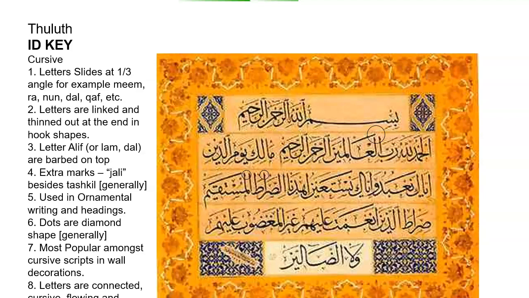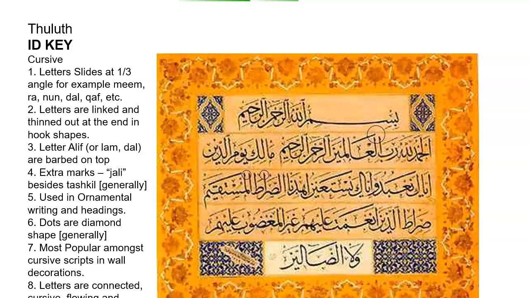So I just want you to practice. Here, let's practice with the ID key, and I do not want you to be overwhelmed with the pointers here. However, even one or two could differentiate Thuluth. Little secret, I simply look at the aleph in each script and identify the writing. So if you could see the aleph, you're able to identify the script. Or the lam, or barbed stuff on top, as you have seen.